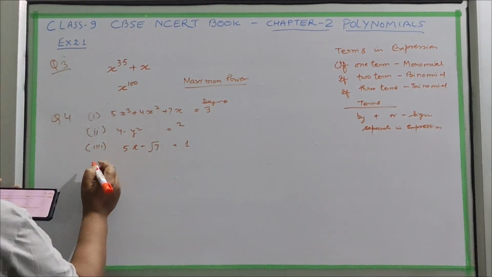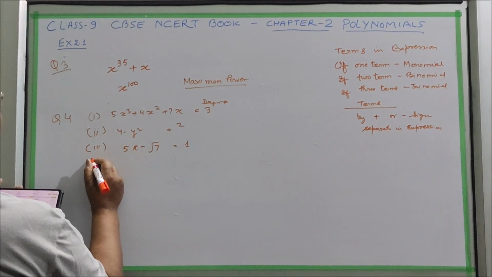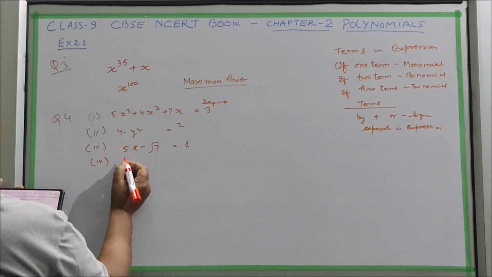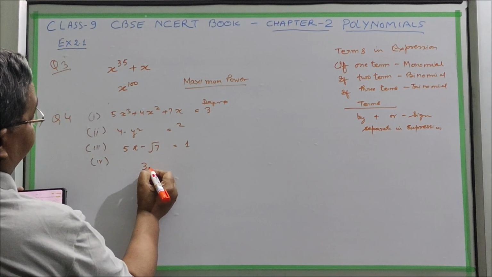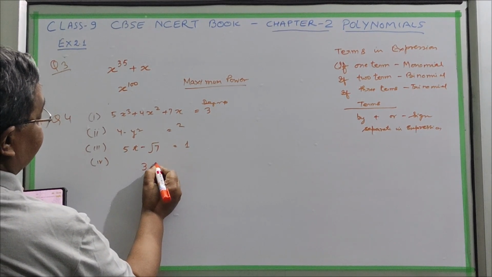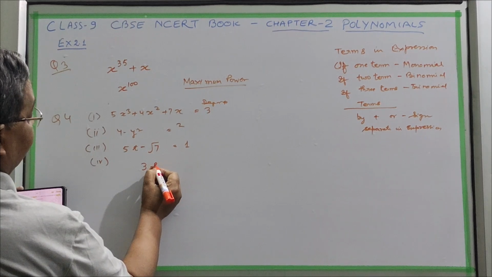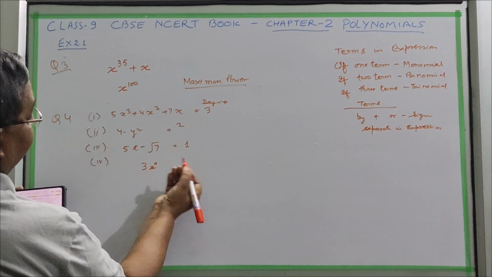Okay. Then fourth, 3. So here we can take x⁰. x⁰ means 1, and 3 multiplied by 1 will remain 3.